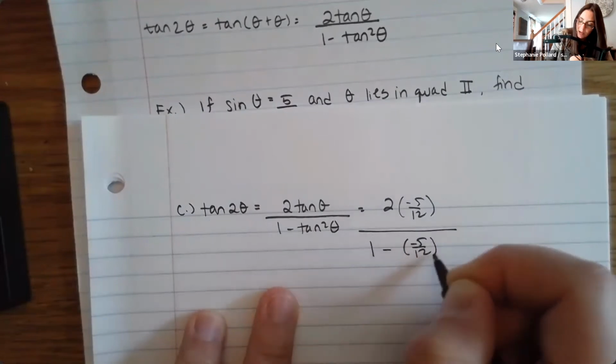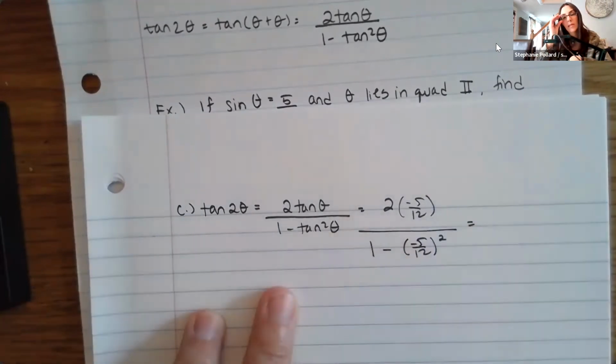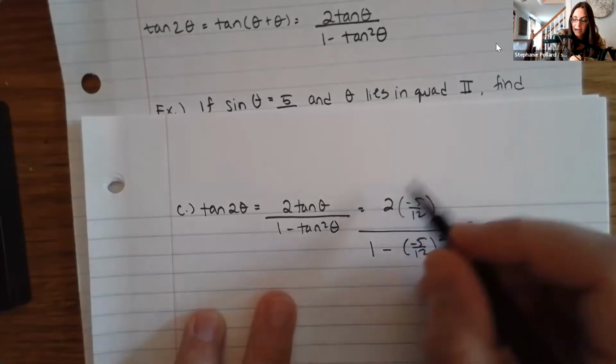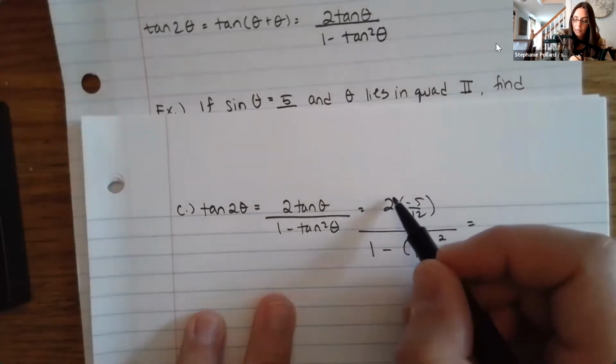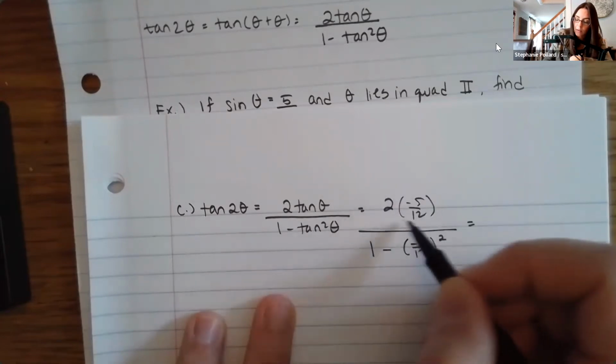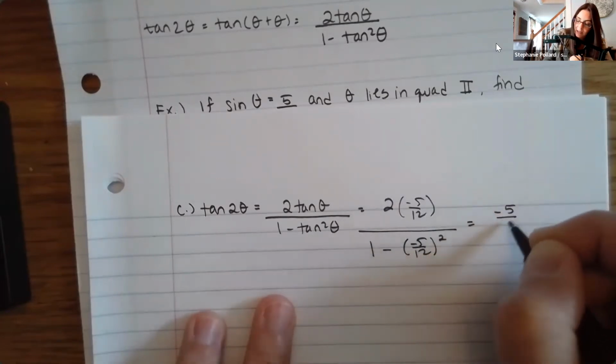And the bottom, we are squaring that. So I'm just going to take my time and simplify this. Here, I can actually simplify with the 12s. If I take out 2 of each of those, I have 6 left over. So the top becomes negative 5 over 6.